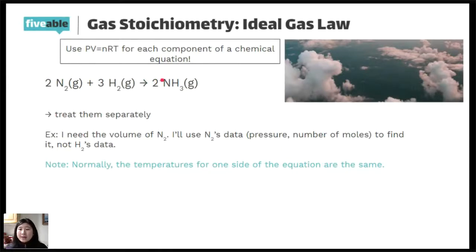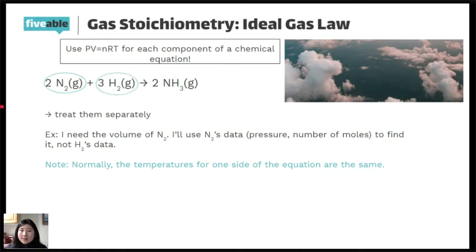So after the reactants react, the product is at a higher temperature. Then usually that means this side of the equation is one temperature and this side of the equation is another temperature. You do want to be aware of that, because sometimes the AP exam does give you equations where the temperatures change.